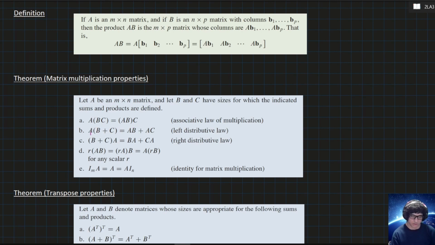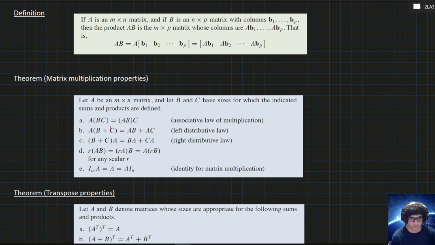The next property describes a distributive law for how matrix multiplication interacts with matrix addition. It's different for matrices than real numbers, because the order in which you multiply matrices matters. So suppose you're multiplying A times (B plus C).